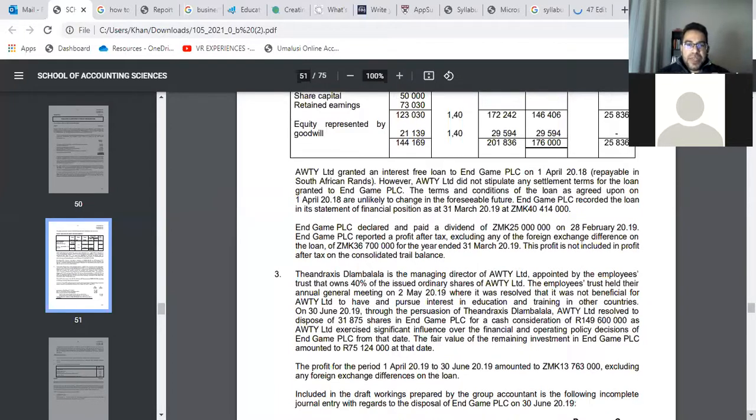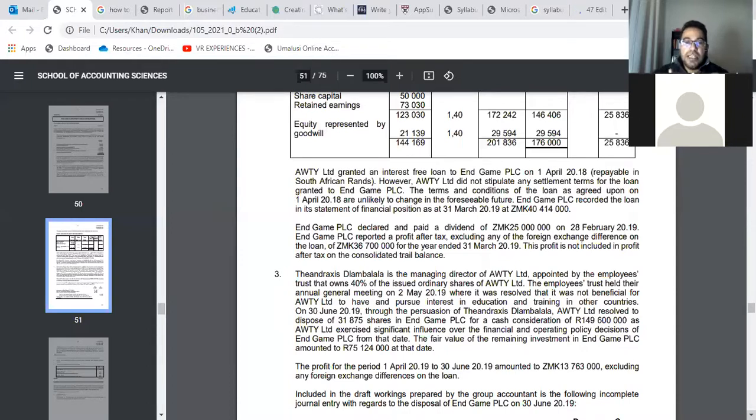So Endgame declared and paid a dividend of 25 million ZMK on 28 February 2019. Endgame reported a profit after tax, excluding any of the foreign exchange difference on the loan.